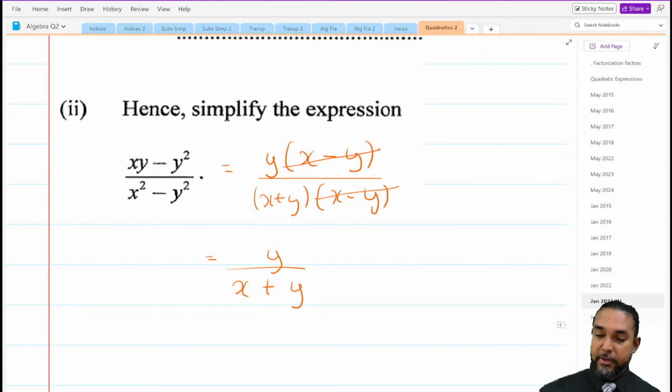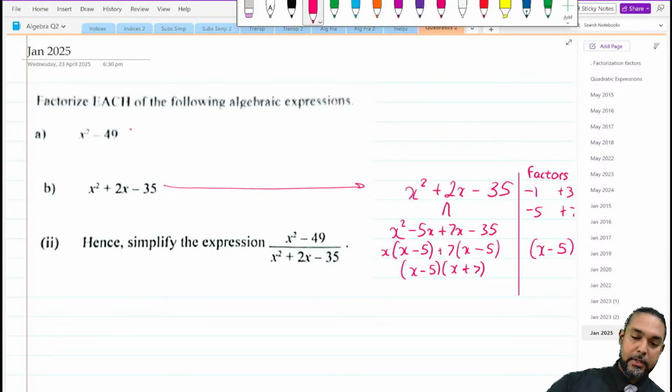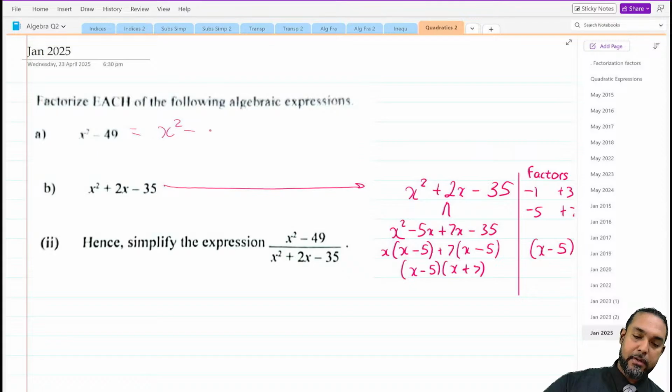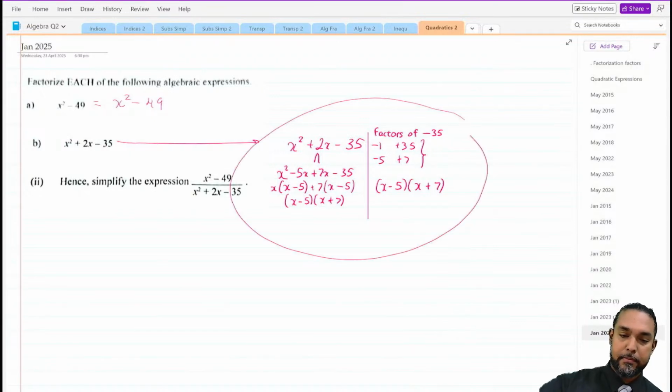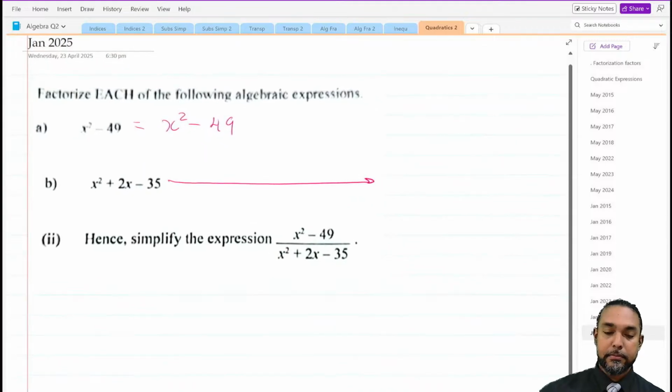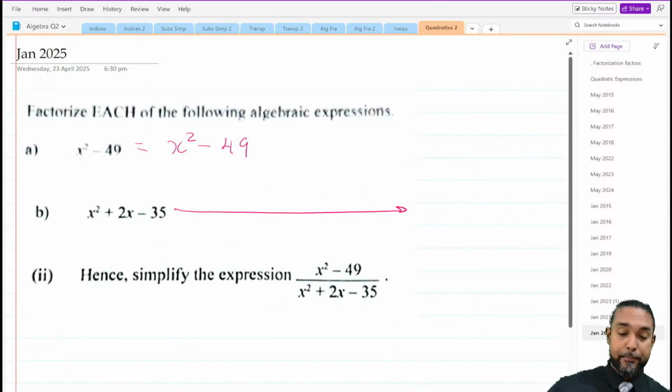Okay, so if you're okay with that, we're doing this one, right? So this is x squared minus 49. And what I will do is I'll take out this. So here, this is Jan 2025. This is the most recent exam. Factorize each of the following algebraic expressions.